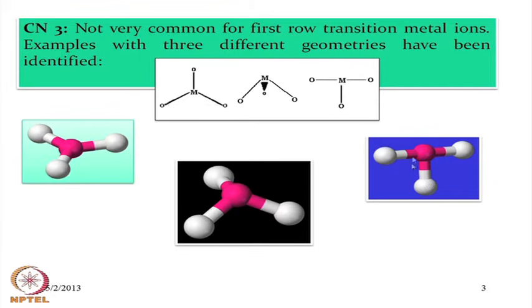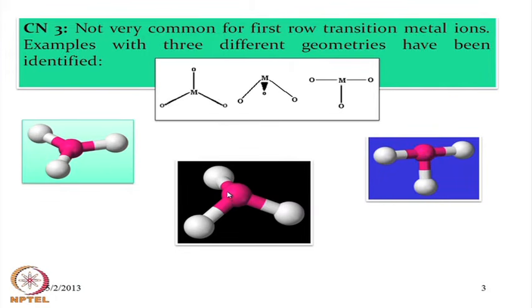And the third variety, which is pretty important to know, is the T-shaped geometry, where these two atoms are 180 degrees apart, giving an angle of 180 degrees from one side to the other, but the third one is in between, which is giving 90 degrees to each of them. If we have a planar geometry, we get an angle of 120 degrees around the metal center.